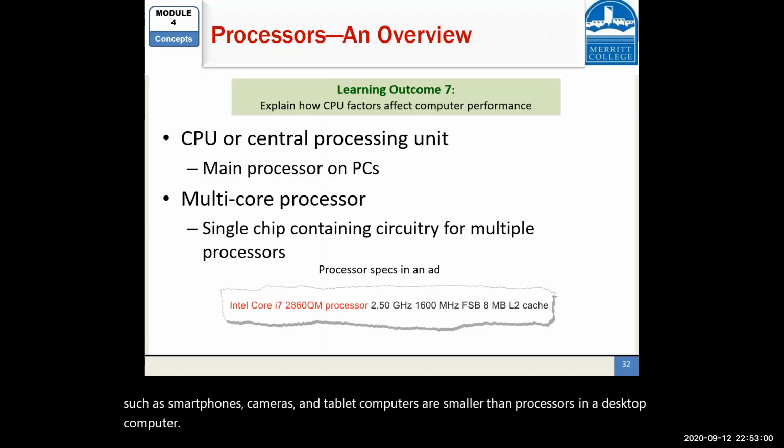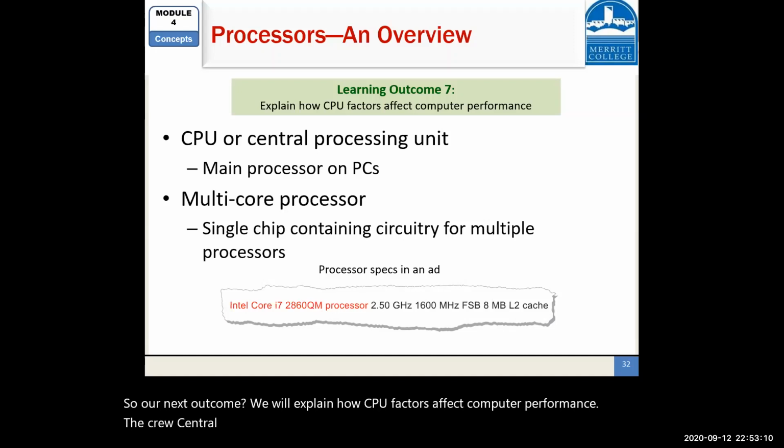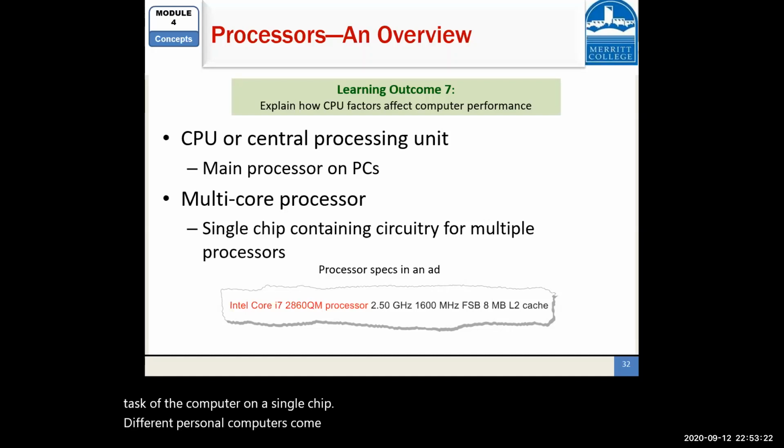Our next outcome is to explain how CPU factors affect computer performance. The Central Processing Unit, CPU, contains all the circuitry that performs the central processing tasks of the computer on a single chip. Different personal computers come with different processors.